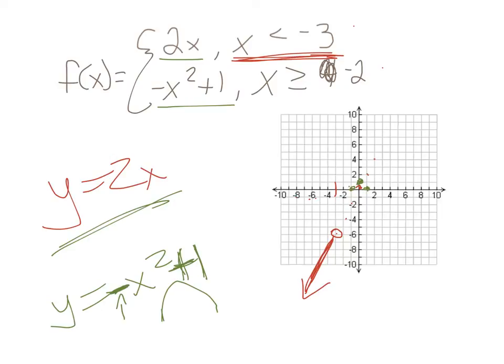Up or down 1. And then I go out 2 from the vertex, and that means I go down 4, because 1 squared is 1, 2 squared is 4. Then I go out 3 from the vertex, and I go down 9, which would be at 8. And the same deal there.